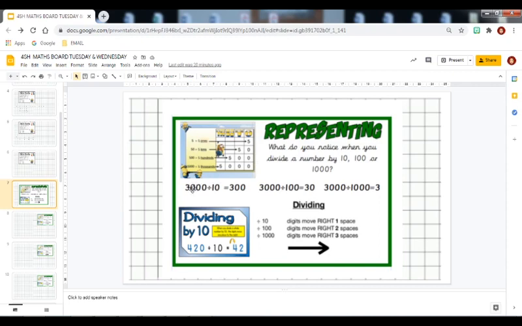I've used the number 3,000, and I've divided it by 10, by 100, and by 1,000. But just for a few minutes, I'd like you to pause here and have a think about what you notice. What's happening to each of those numbers when they're being divided? When you're ready, press play and we'll talk through it.